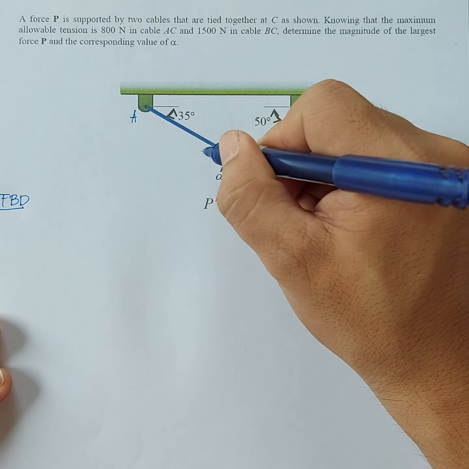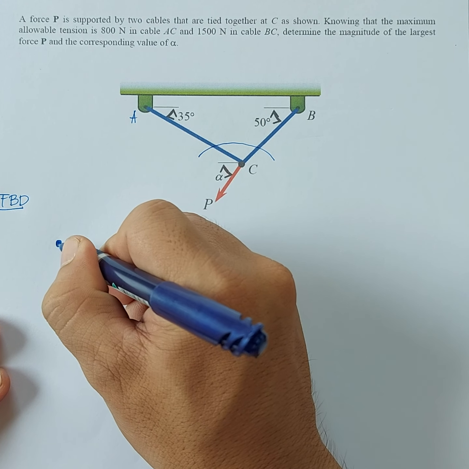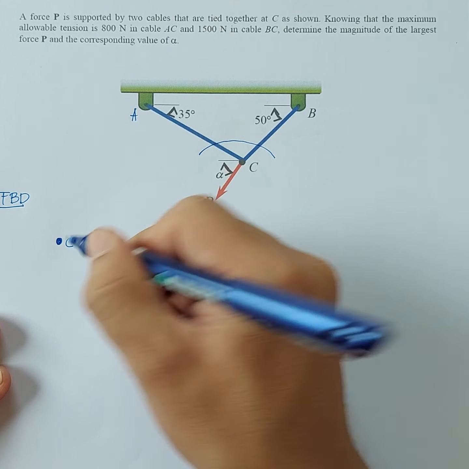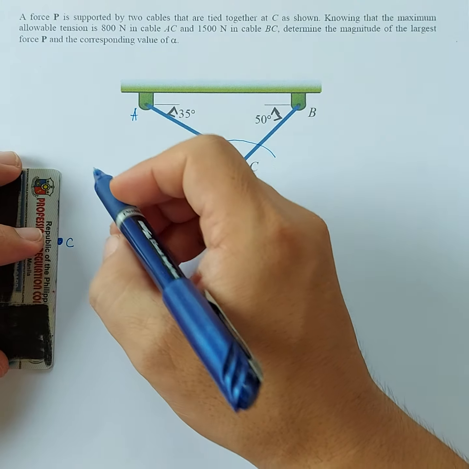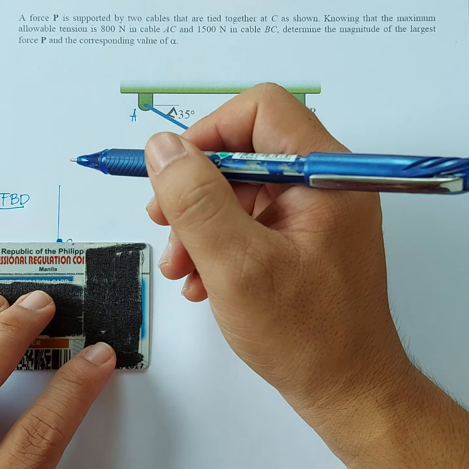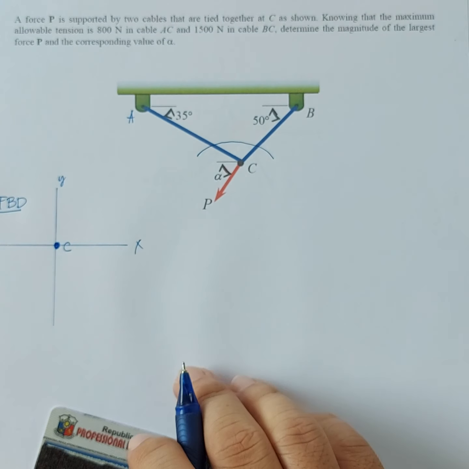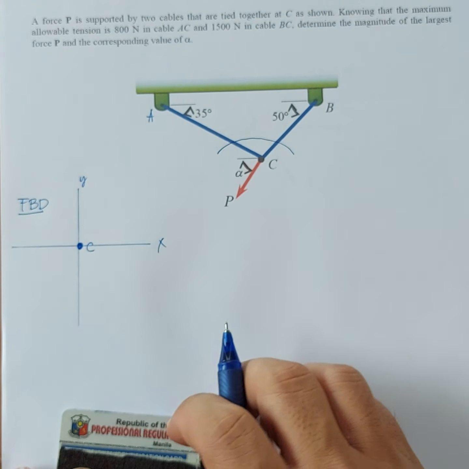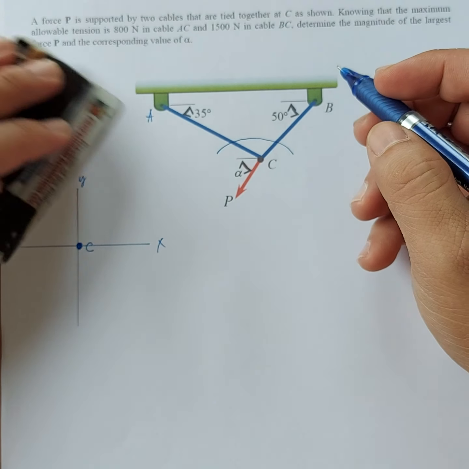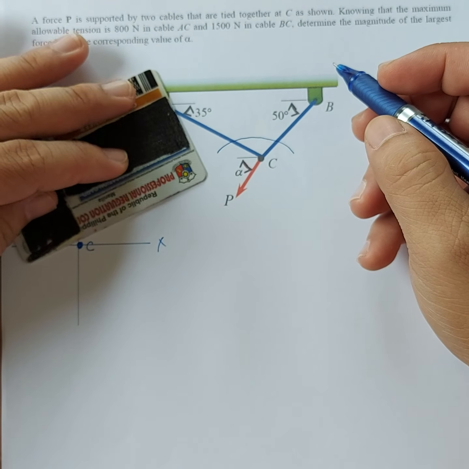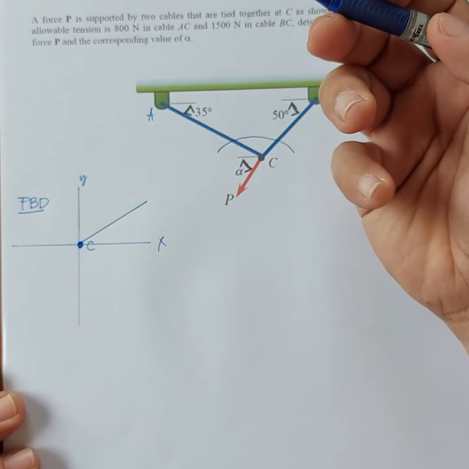Okay, so let's i-cut natin yung cable. So this is point C. Lagyan natin ng Cartesian. Okay, ayan. So this is point C. So meron tayong tension dito. So P is supported by cable.